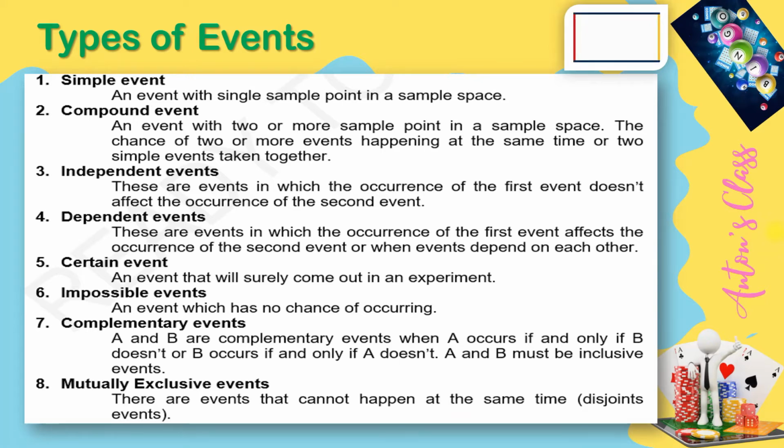A and B are complementary events when A occurs if and only if B doesn't, or B occurs if and only if A doesn't. A and B must be inclusive events. Mutually exclusive events. These are events that cannot happen at the same time. This is also called disjoint events.